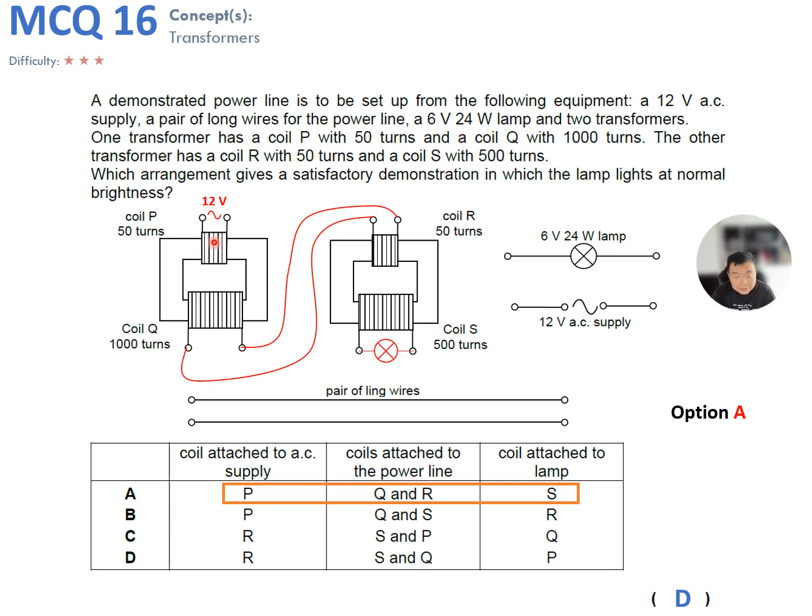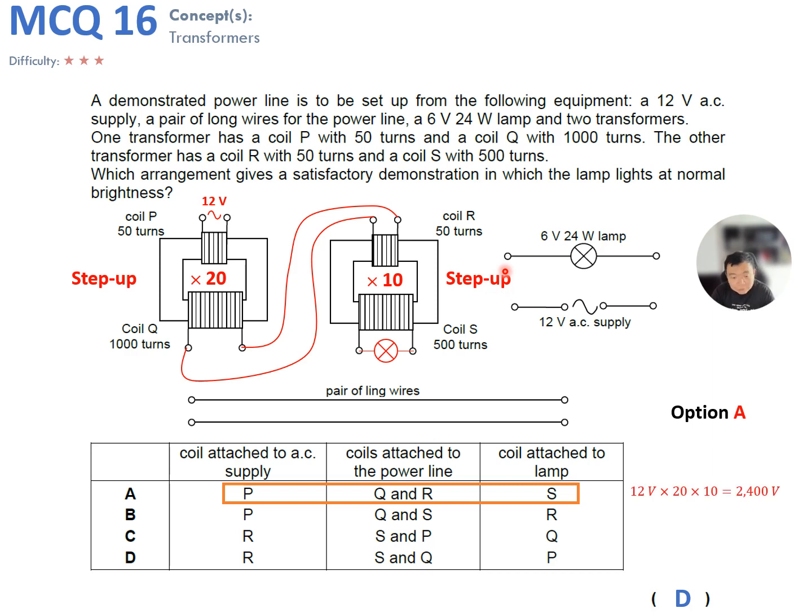Therefore, this is the first input voltage. 50 turns to 1000 turns, we're looking at 20 times greater number of turns. This is a step-up transformer where the voltage will increase by 20 times, like what the number of turns has increased by. And then going on to coil R, 50 turns to 100 turns, we're looking at a 10 times increase, and therefore this is another step-up transformer.